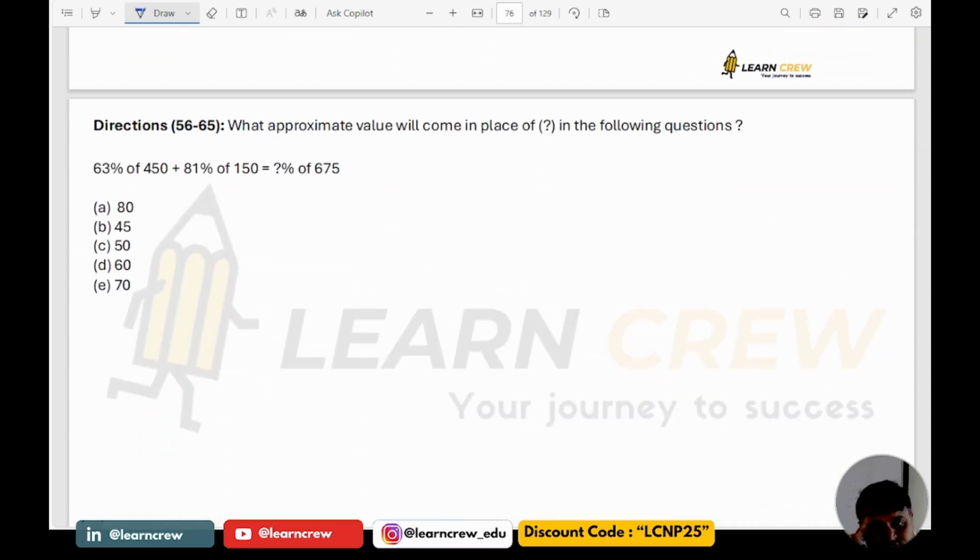Next, 63% of 450 is how much? It is 283.5. 81% of 150 is 150% of 81, which is 121.5, equal to x percentage of 675.